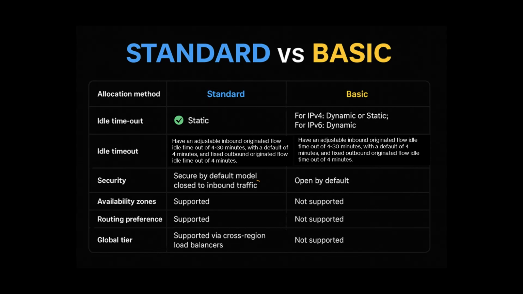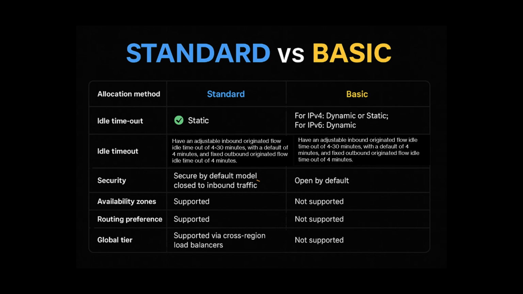When choosing the appropriate SKU for a public IP address in Azure, you need to consider how your application will use and secure that IP. If you go with the standard SKU, your public IP is always static, ensuring it doesn't change, even across reboots. This is ideal for services that rely on consistent DNS records or whitelisted IPs.